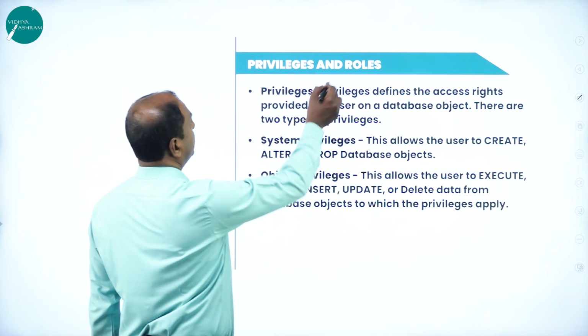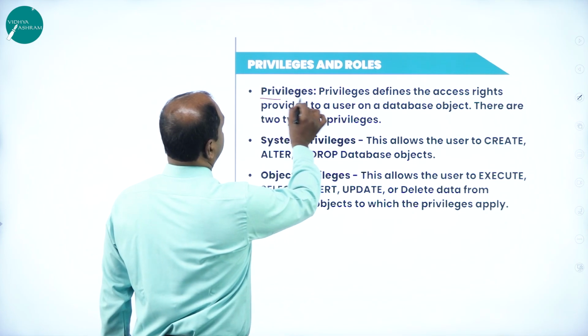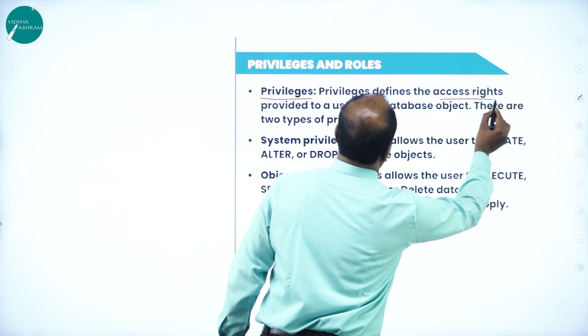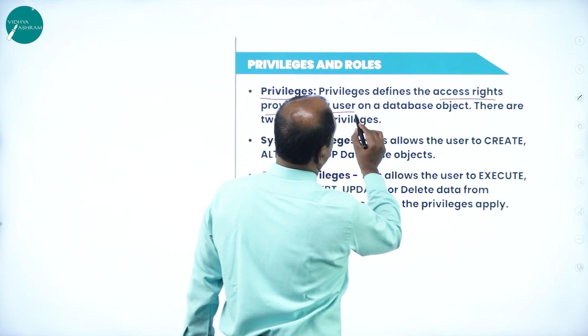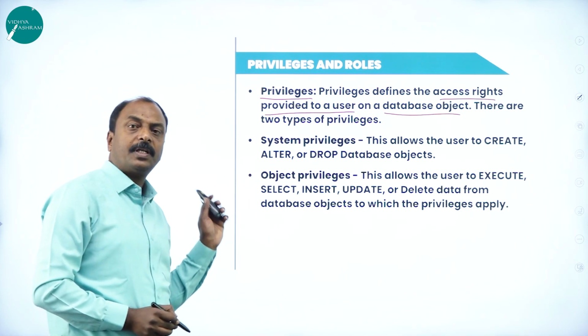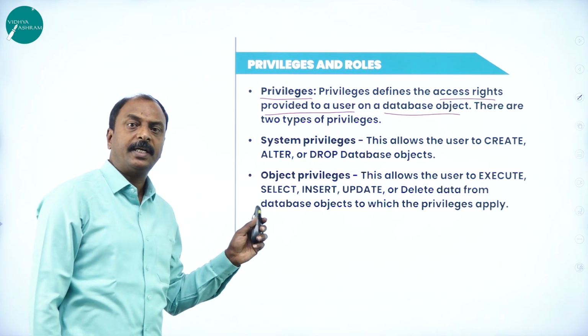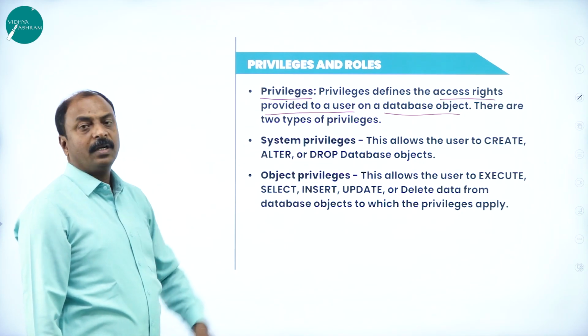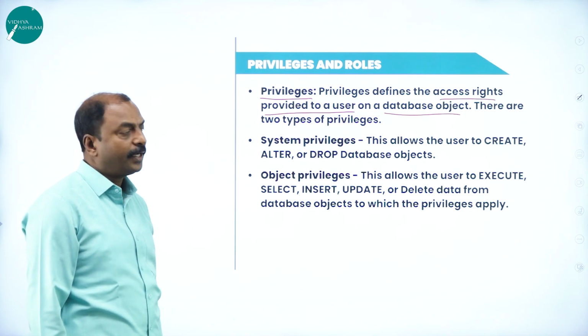Next, privileges and roles. What are privileges? They define access rights provided to the user on database objects. This is what you have seen in our previous slide with the grant and revoke commands. So privileges are permissions to the users with respect to usage of the database.